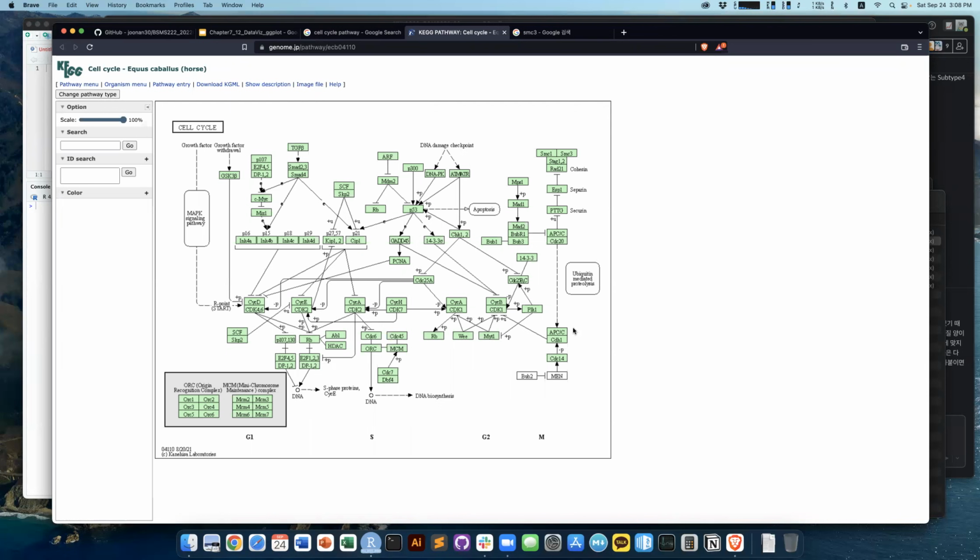But if you look at these gene numbers, this is only about 100 genes, and as I mentioned, we have about 60,000 genes, right? So where are the remaining 59,000 genes? Those genes are not in the cell cycle; they are working in different pathways. So if you measure the correlation value between these, you will see a much higher correlation value compared to these and other non-cell cycle genes, right?